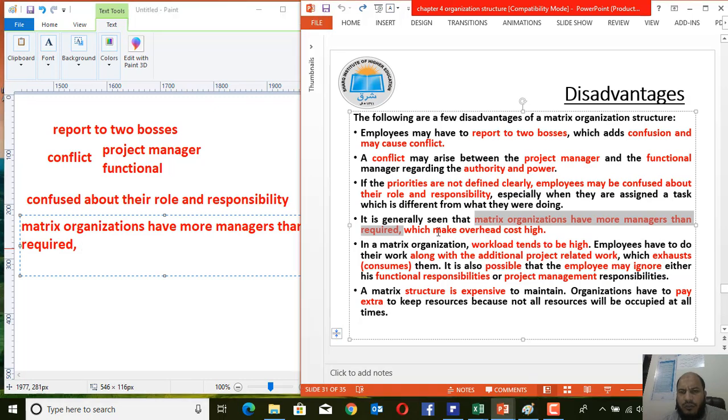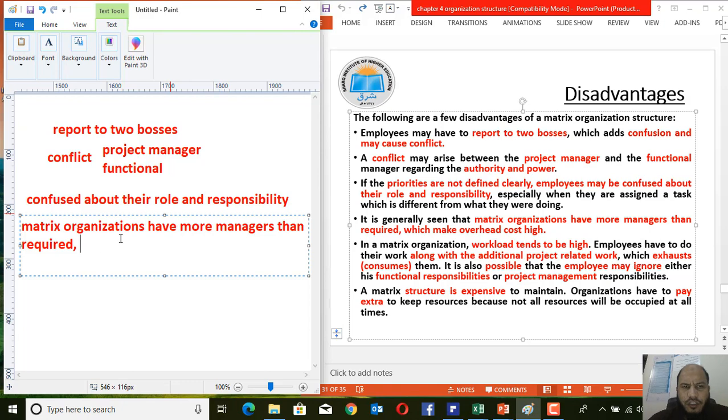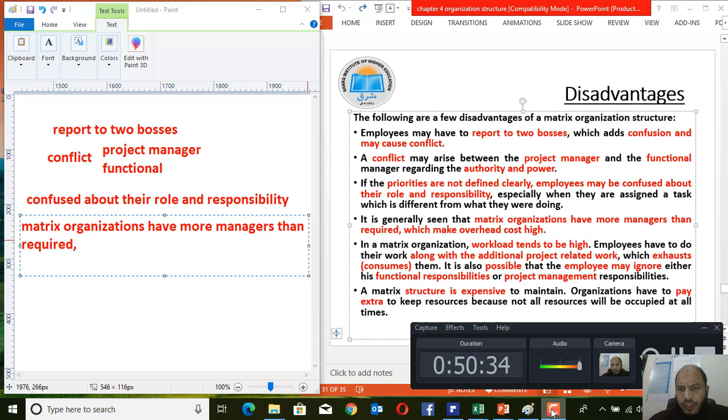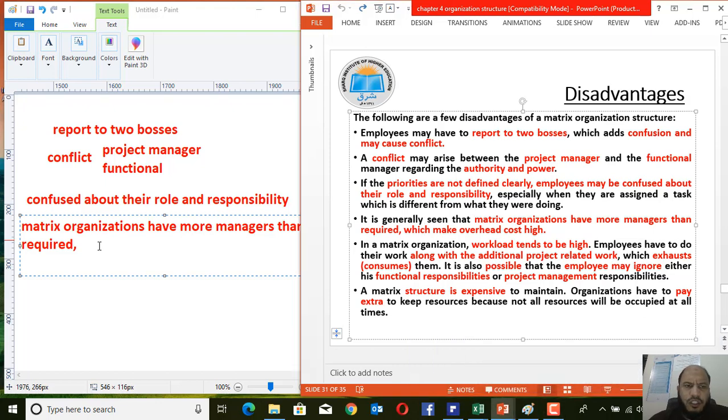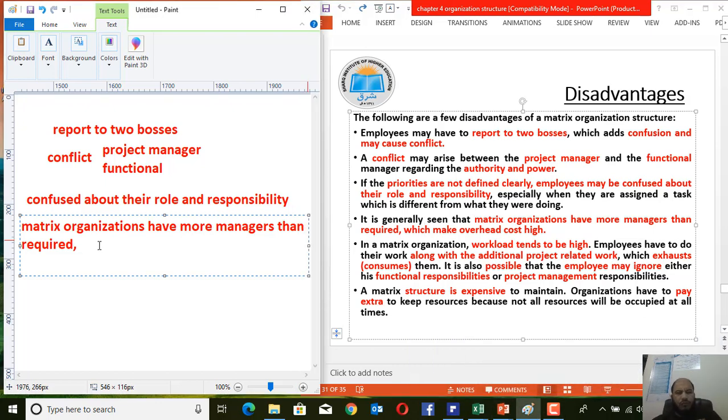It affects the overhead cost directly, because at one time we will keep two managers, and keeping two managers increases the overhead cost upon the organization.